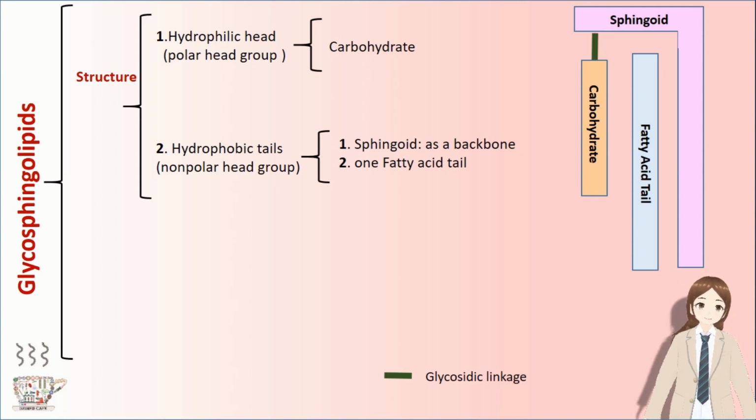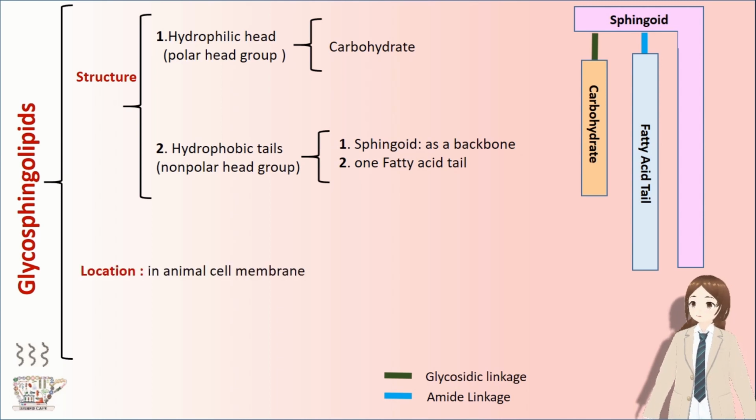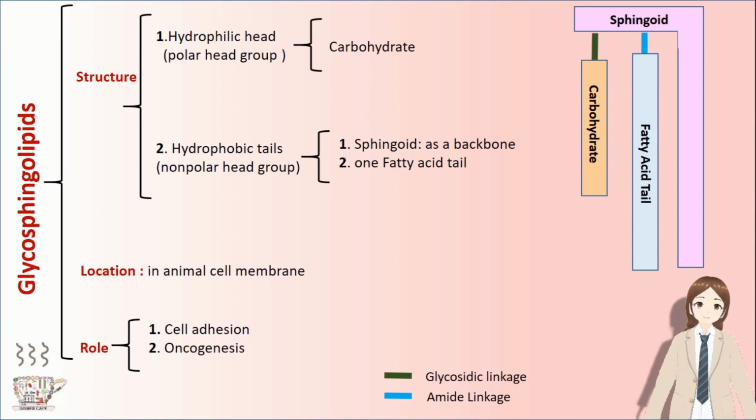Carbohydrate linked to sphingolipid by glycosidic linkage, and fatty acid tail linked to sphingolipid by amide linkage. They are located in animal cell membrane, and they play a role in cell adhesion, oncogenesis, and cell-to-cell interaction.